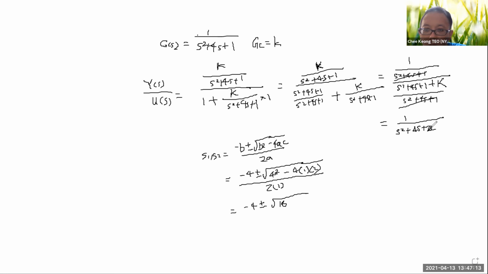This one should be 1 plus K. So your c itself is actually not 2, but let me erase this properly. Your c here is actually 1 plus K, and similarly for this case here, you have a c here.